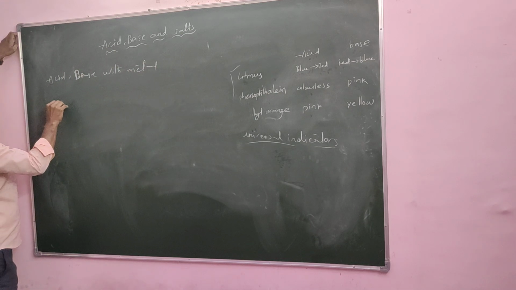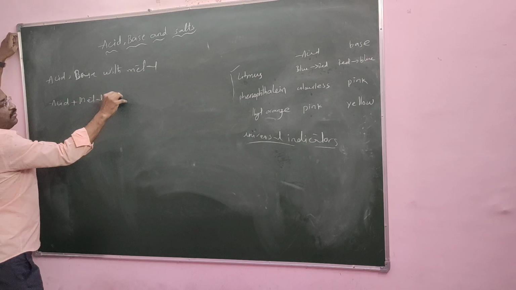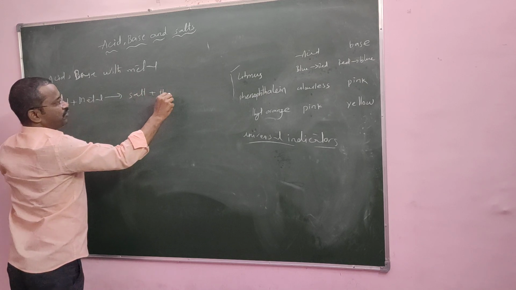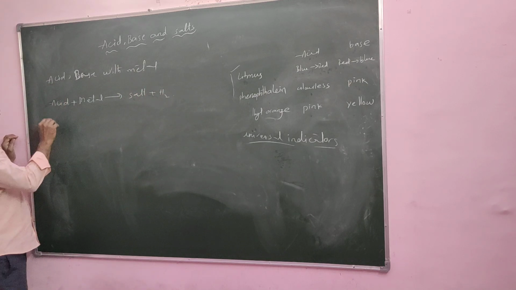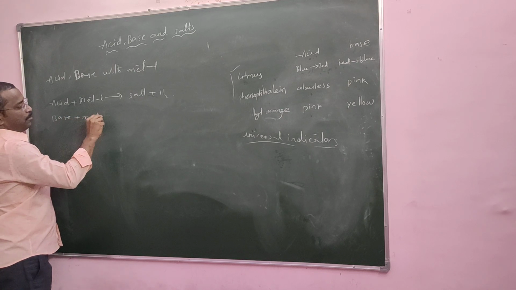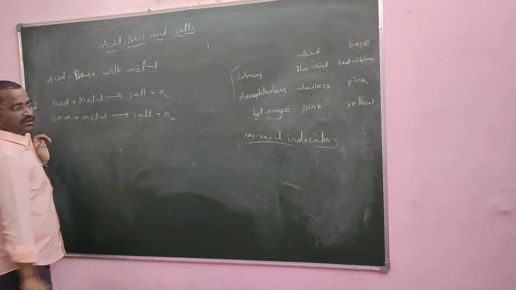See, as your general formula, acid plus metal gives rise to salt plus hydrogen gas. Or the same, base plus metal gives rise to salt plus hydrogen gas.